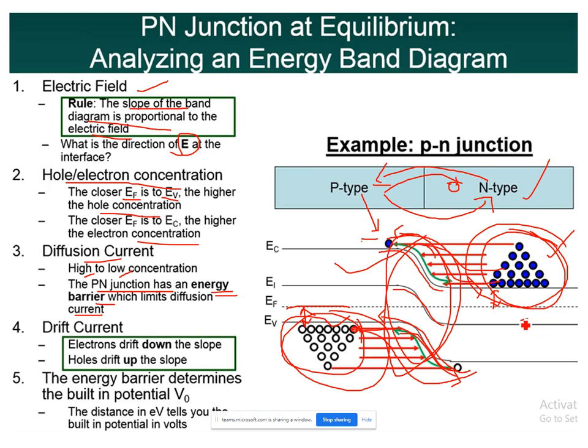If we are traveling in a vehicle in this direction, whenever we take our vehicle across a slope, the speed will be decreased, right? So that slope itself is acting like a barrier. And coming to drift current, the electrons drift down the slope and holes drift up the slope, right?